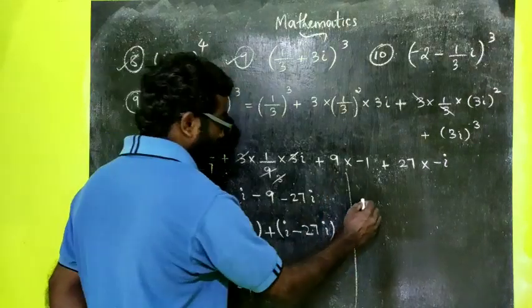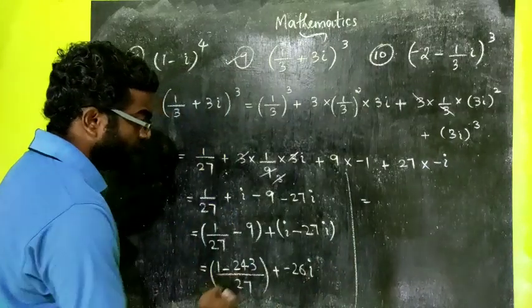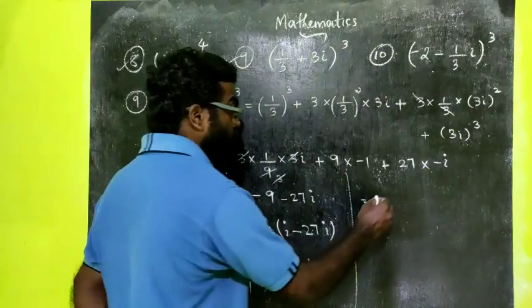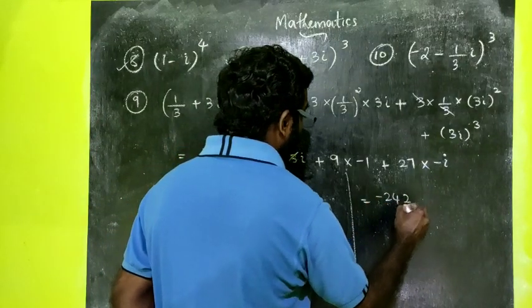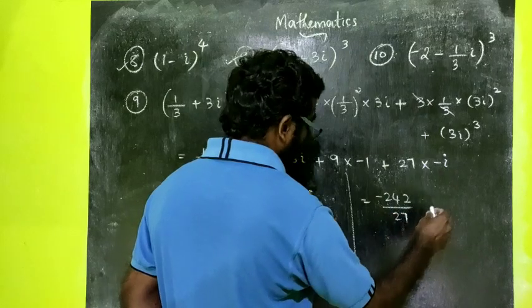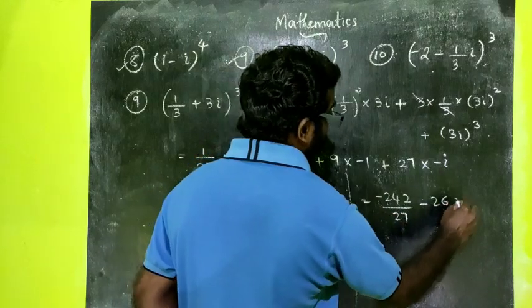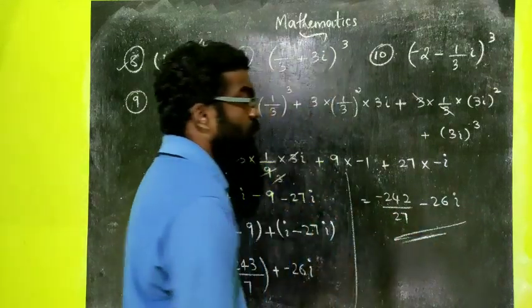Okay, so which is equal to 1 minus 243, minus 242 divided by 27, then minus 26i. Okay.